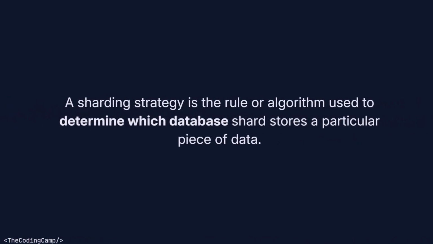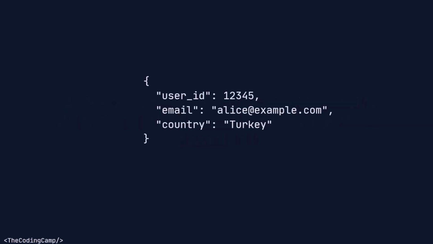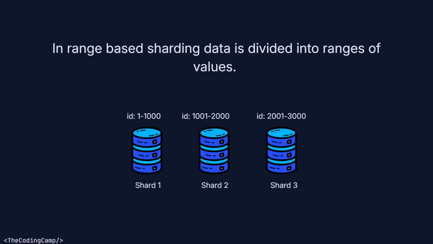A sharding strategy is the rule or algorithm used to determine which database shard stores a particular piece of data. Typically, this is based on a shard key, a field in your dataset. For example, the possible shard keys for this dataset are user ID, country, and email. Let's go through the most important strategies used in real systems.